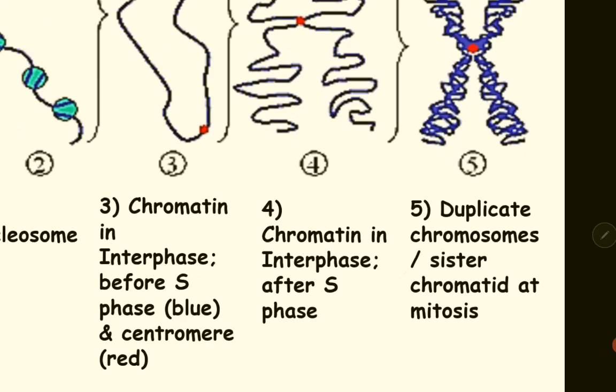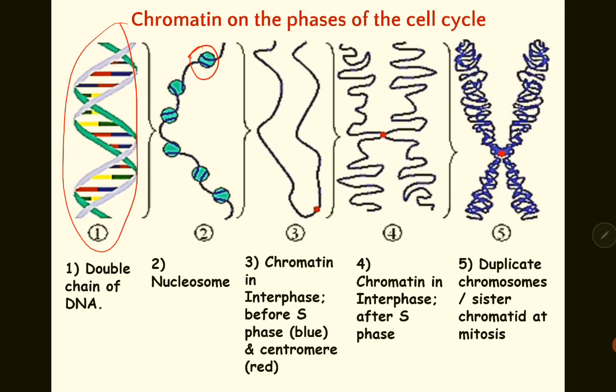So now in the interphase, okay, before the S phase, our chromatin is only in the single strand. Okay, so after the process of S phase, the chromatin become double. So note that the centromere is in the center here, so they have double chromatin.